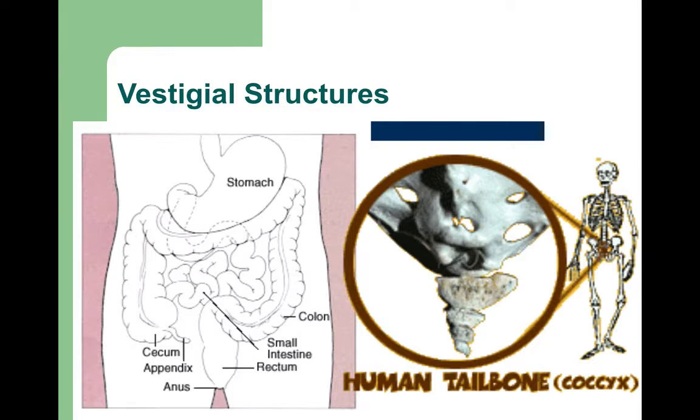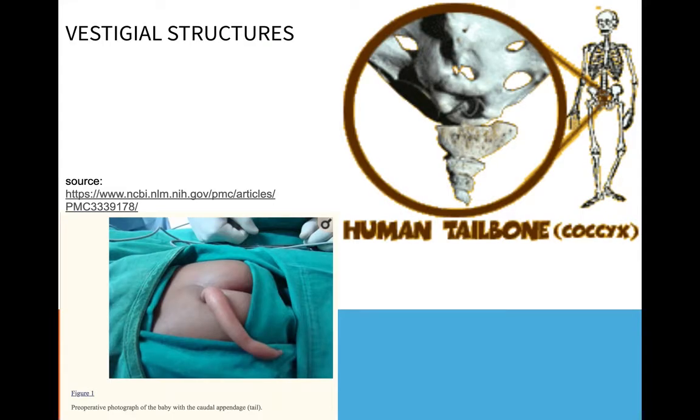For example, when we look at the tailbone, we don't see tails on humans unless you see, in this particular case, on the left, a mutation where the tail actually is growing out of the human. So tails are a vestigial structure.